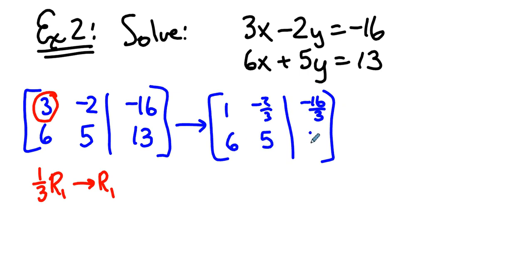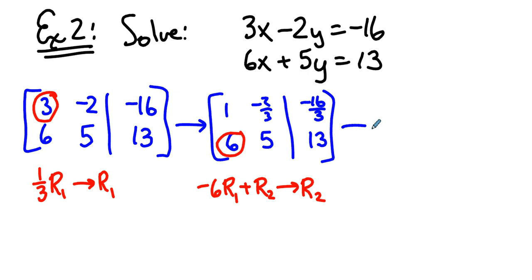Row 2 unchanged. Now we want a 0 here, and to do that, we take this row and linear combine it with that row. If we take -6 of row 1 and add it to row 2, leaving that result in row 2, that does the trick.